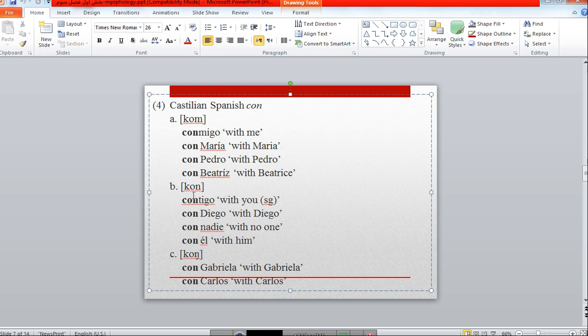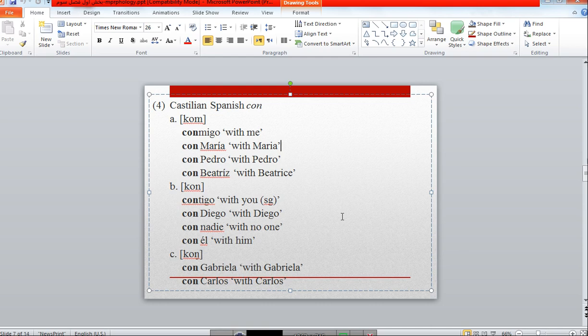Or we have con near the dental consonants t, d, and we have kong near the g, kong Gabriel. This is again regressive assimilation which you see in the Spanish example. So assimilation like that seen with the Spanish con is frequent in the world's languages, and thus one source of allomorphy.